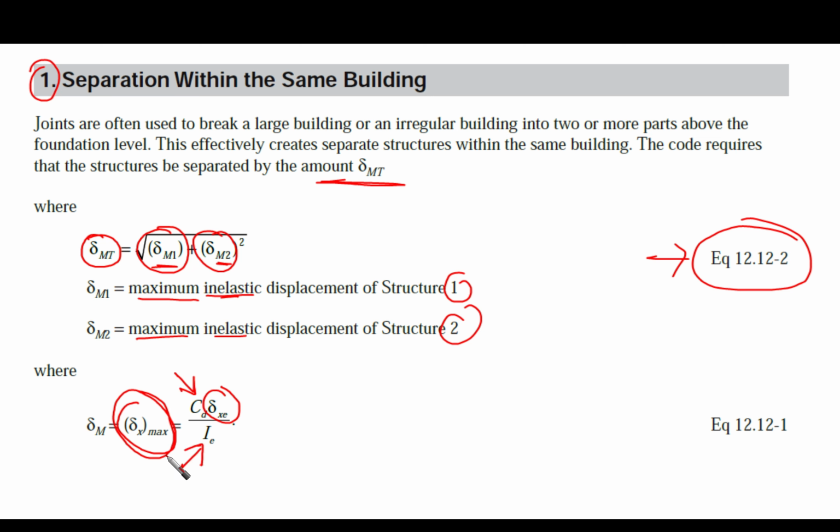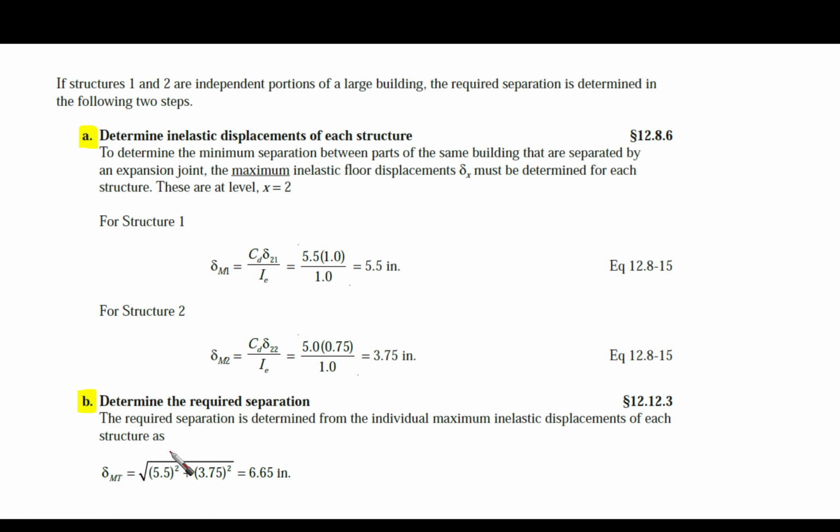Then we are going to choose from our table. So if structures 1 and 2 are independent portions of a large building, meaning they are within the same building, the required separation is determined in the following steps. We have step 1, step 2, or step A and step B.